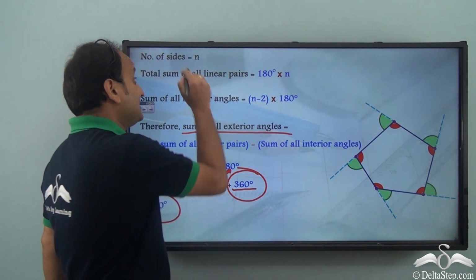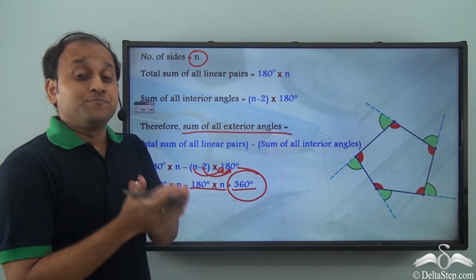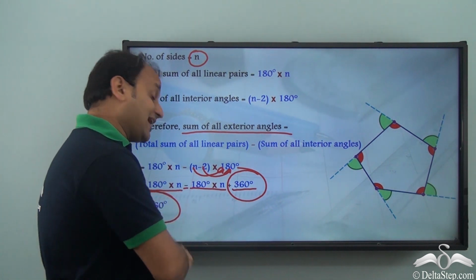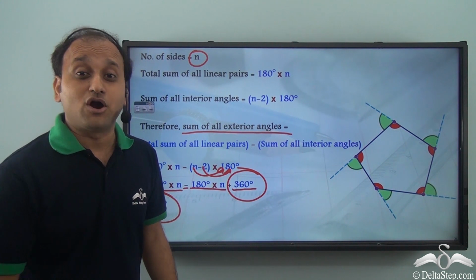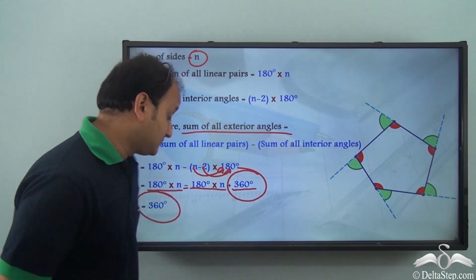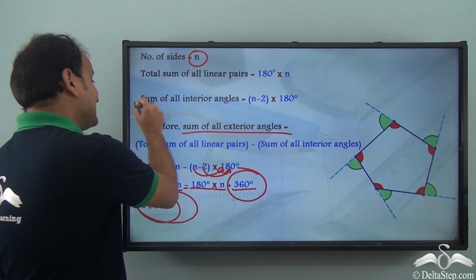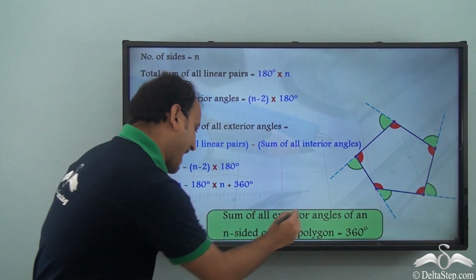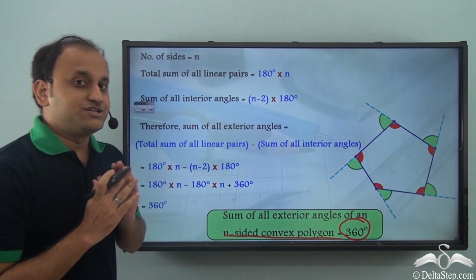Now you will notice that I have taken n number of sides. So I have not specified any number of sides. It's n. It means this thing is applicable to any polygon of any number of sides. So whenever we are talking about a polygon, the sum of all exterior angles will be 360 degrees. So the sum of all exterior angles of an n-sided convex polygon is 360 degrees.